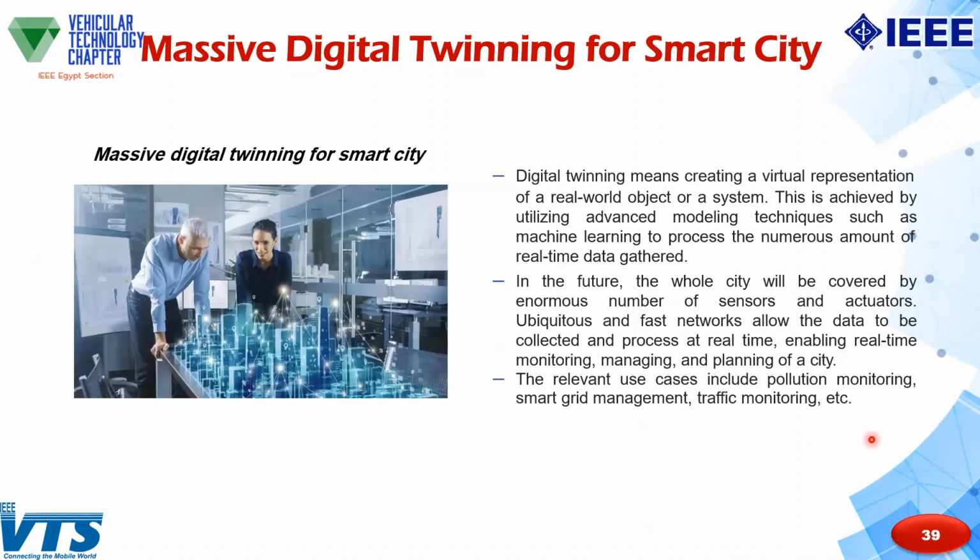Also, we are now talking about smart cities. 6G will accommodate massive digital twinning for smart cities by creating a virtual representation of the real world and utilizing advanced modeling techniques by means of machine learning, deep learning, and federated learning, in order to enhance the concept of digitization and complete digital transformation.